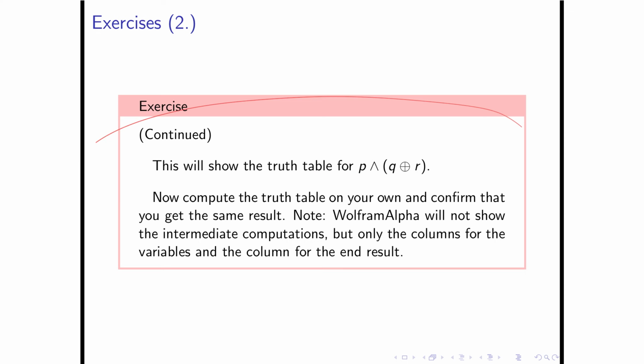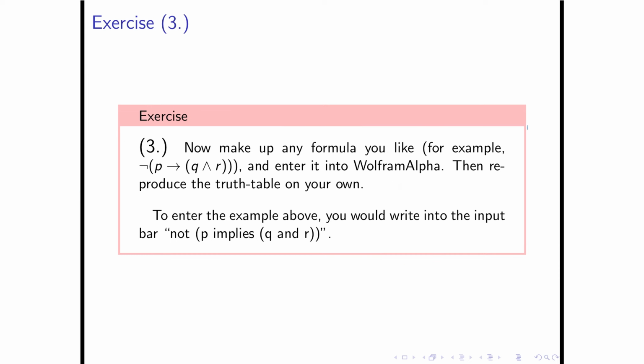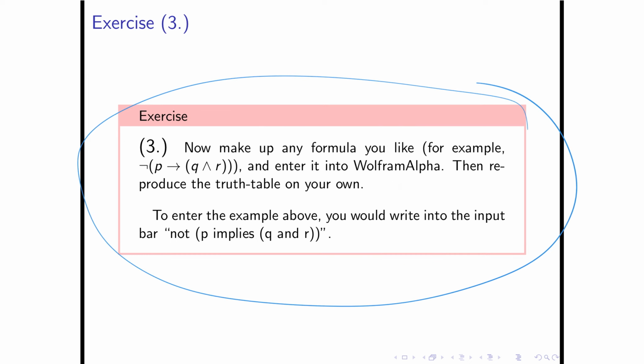And so this is just writing out what I've just said. Here I encourage you in exercise number 3 to do exactly what I suggested. I'm giving you an example proposition that you could use if you wanted to. So go through the procedure, find its truth table, then enter its corresponding expression into Wolfram Alpha and check your answer. But I'm not going to give a solution to this one in my solution video because you can check your own answers using this tool.